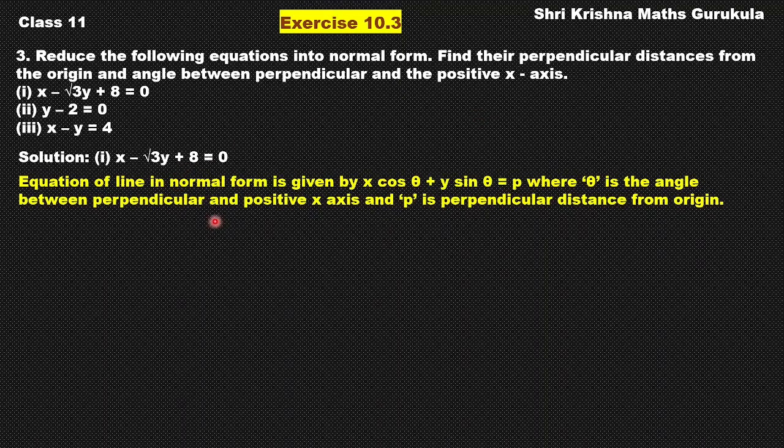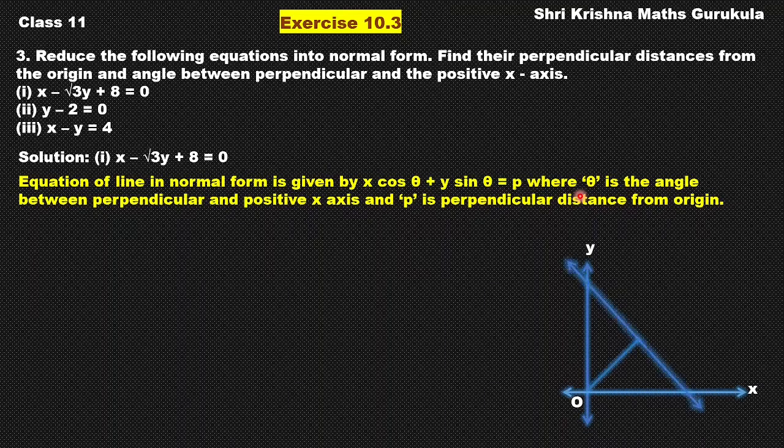What is the equation of the line in normal form? That is x cos theta plus y sin theta is equal to p, where theta is the angle of inclination or angle between the perpendicular line and the positive direction of x-axis.